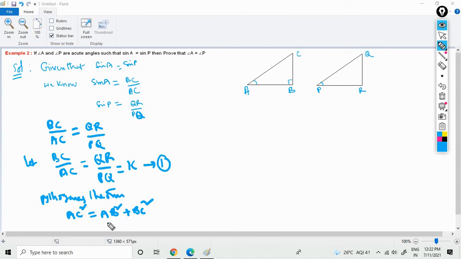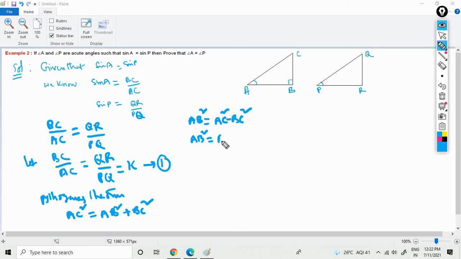Now I want to know the AB square value. If I need to get AB square out of it, BC square will go to the left side. So I am going to write AB square is equal to AC square minus BC square.